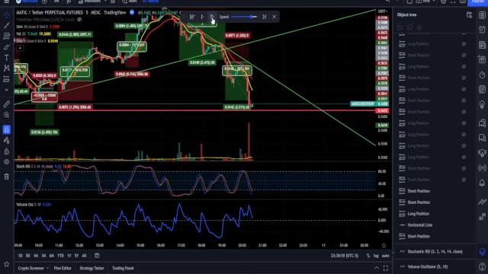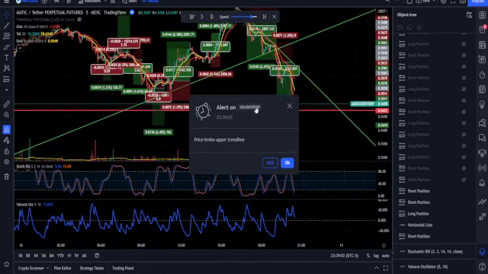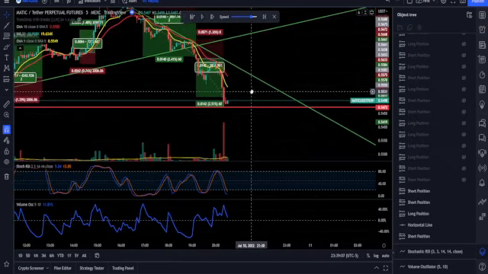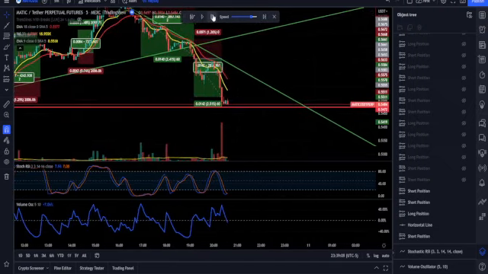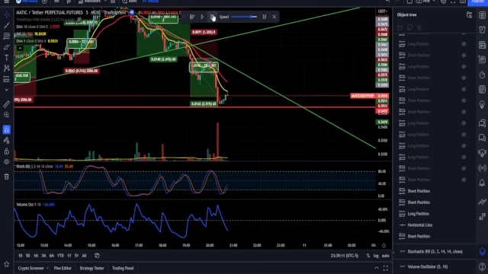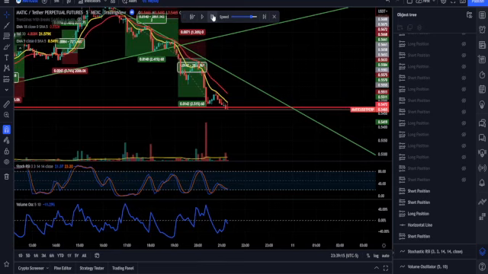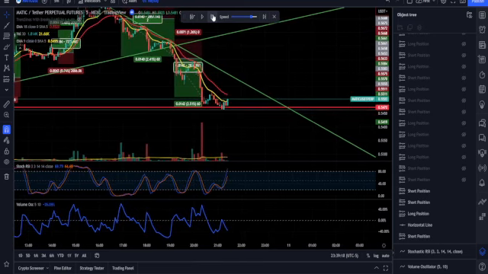Alright, now here we rejected off of a support, and we'll see what price is going to do from there. Looks like we're headed back to our trend line to test it.